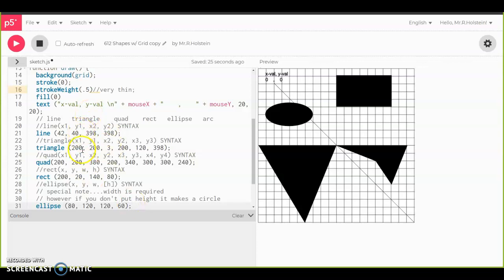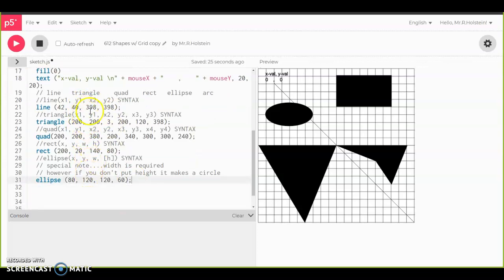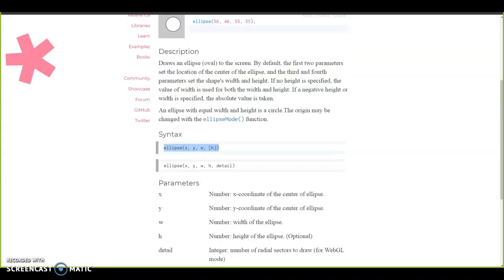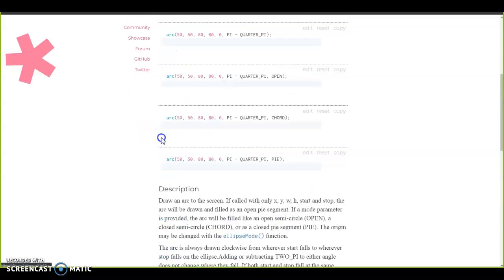By the way, because I'm recording and showing you this, I'm running out of space here. Notice that if you're not getting errors and the console isn't needed, you can clear that down, lower it out. And I think I only have one last thing to do, and that's going to be the arc. So I'm going to put a comment over here, and I'm going to find my arc. So here's my arc.